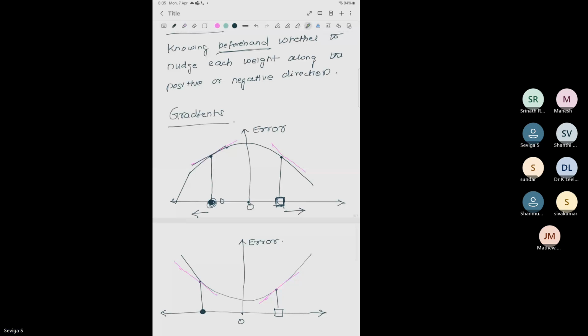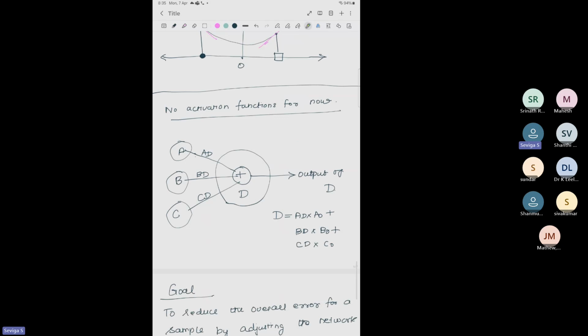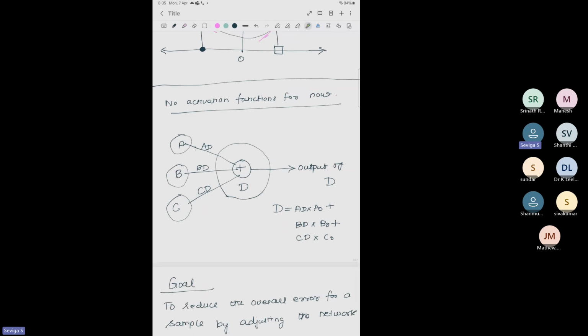We also made an assumption that for now we are not going to consider activation functions, for ease of computation and learning. Later on we will consider that. For now, every neuron is going to be the sum of weighted inputs.